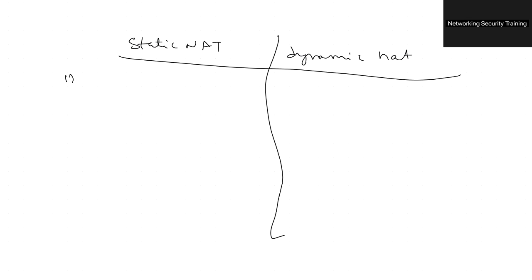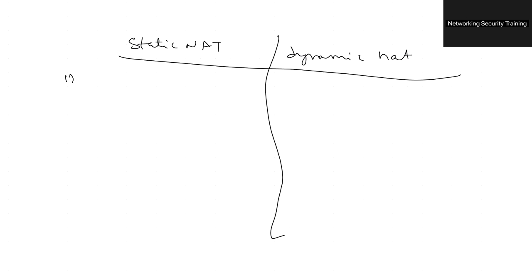Coming to dynamic NAT, dynamic NAT maps a group of private IP addresses to a pool of public IP addresses.